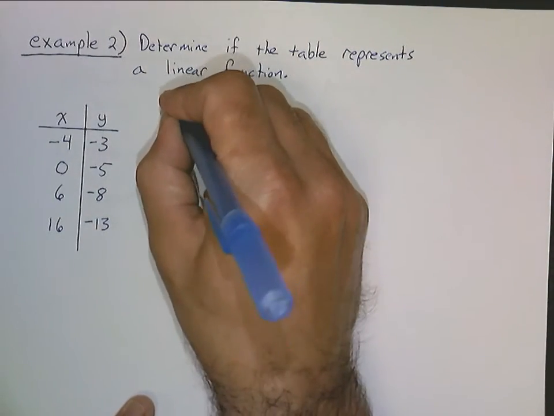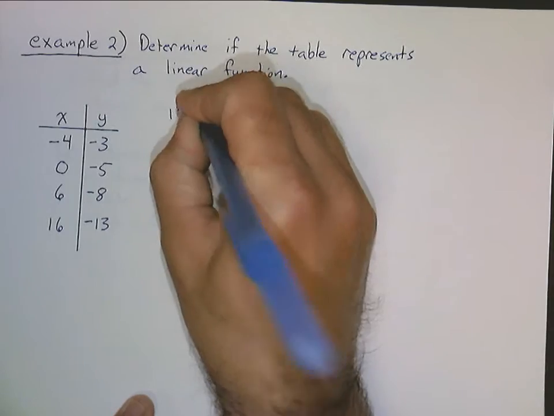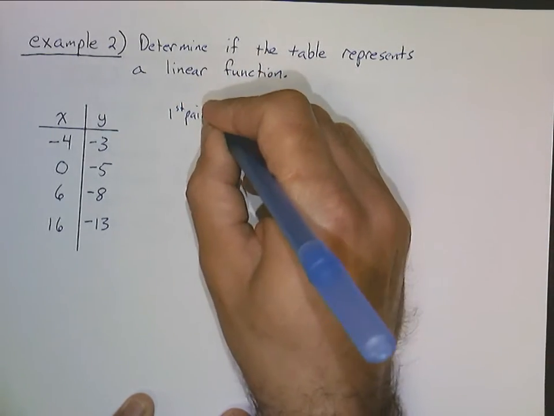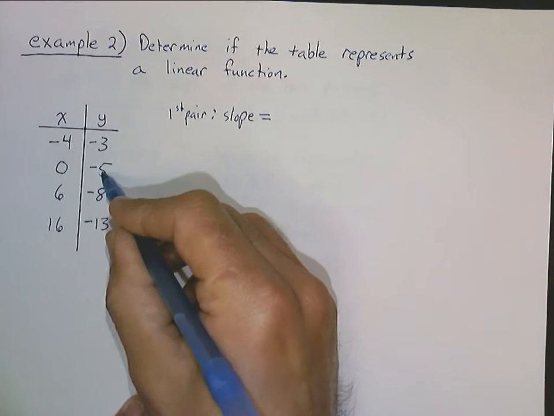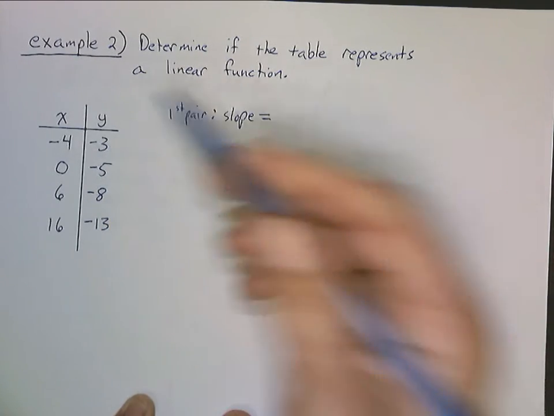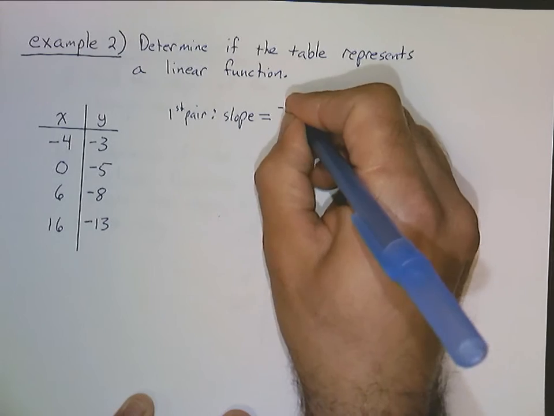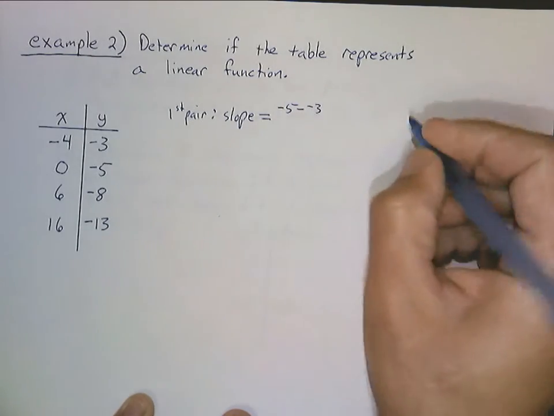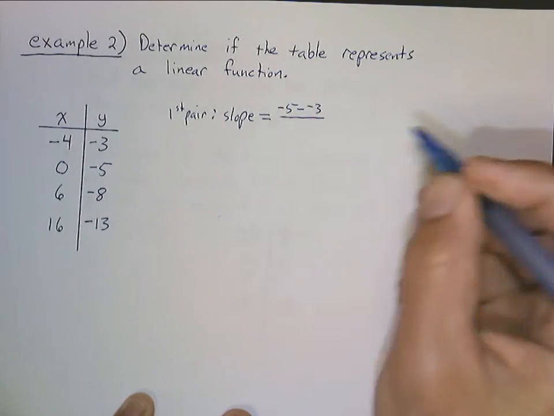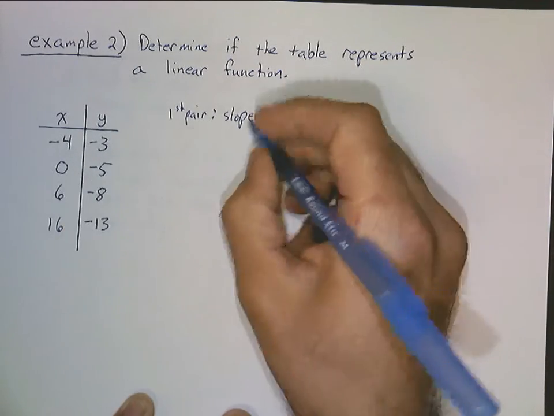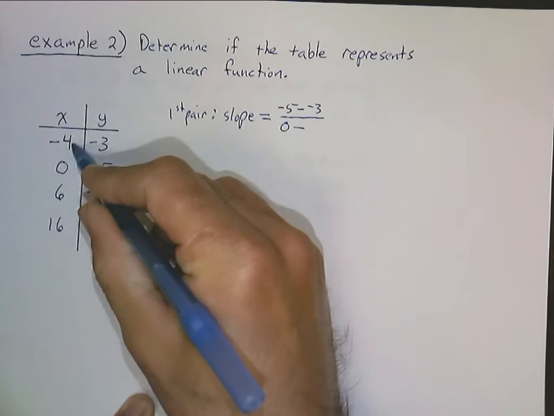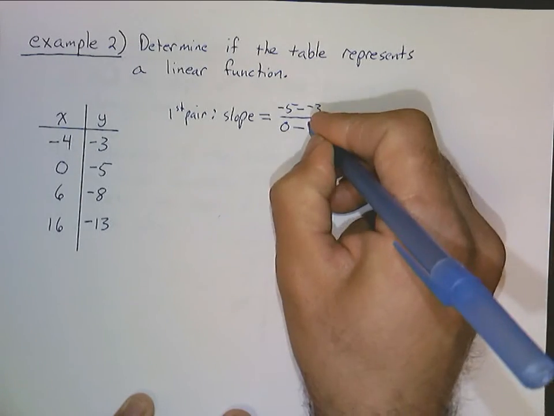So the first pair, the slope is going to be, well, the y-coordinate of the second point minus the y-coordinate of the first point, negative 5 minus a negative 3, divided by the corresponding x-coordinates. X-coordinate of the second point is 0, minus the x-coordinate of the first point would be negative 4.